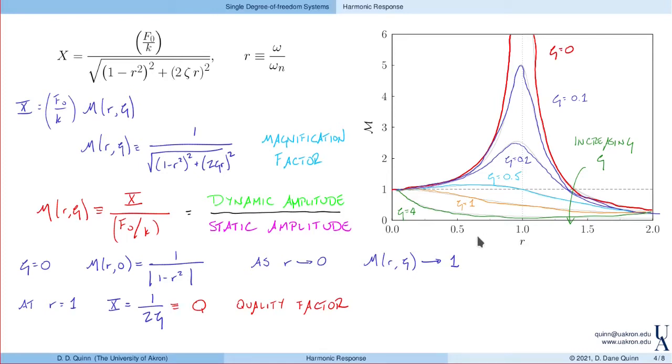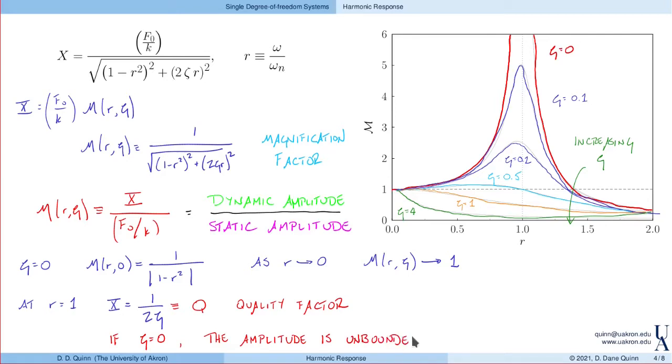The other interesting thing that happens at r equals 1 is if the damping is equal to 0 at r equals 1, what happens? Well, this term is vanished, and looking at the magnification factor, it becomes unbounded. Right? So in that case, the amplitude of the response is unbounded.